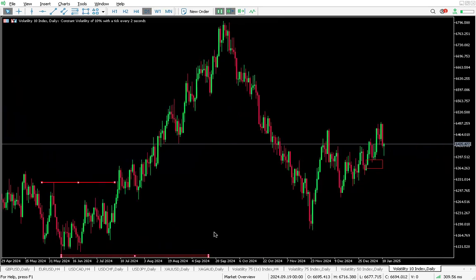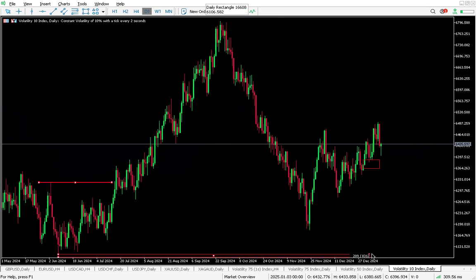So we expect that this last candle is meant to be protected, meaning the market is not meant to break this low. This now becomes our swing low from the daily time frame. So no matter what's happening, we expect that price is not meant to break this low.